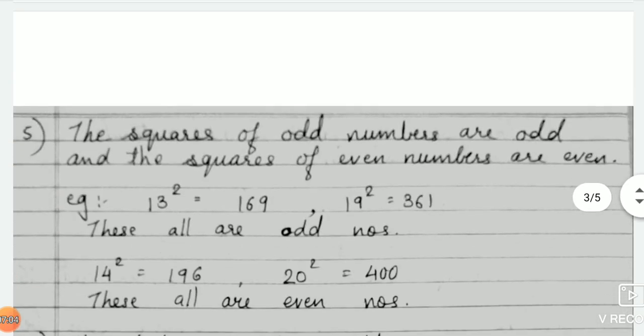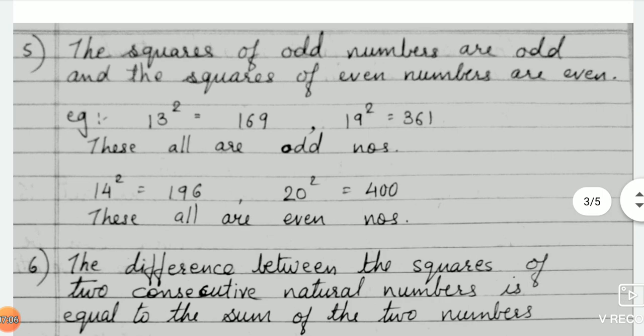Our next property, that is property number 5. The square of odd numbers will be odd and the squares of even numbers will be even. For example, 13 is an odd number. If you take its square, we will get 169. So 169 is an odd number. Next, 19 is an odd number and its square is 361.